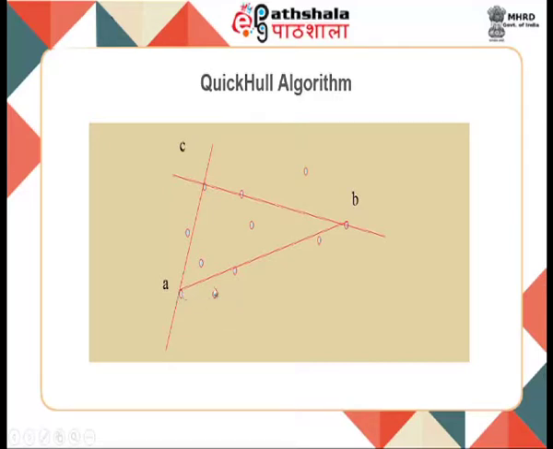We take two points that are distant from each other, A and B. Now we construct a line between A and B, and find the farthest point from this line AB. Let us assume that this is the farthest point, C. Now we connect A and C, and B and C, so that we have a triangle.